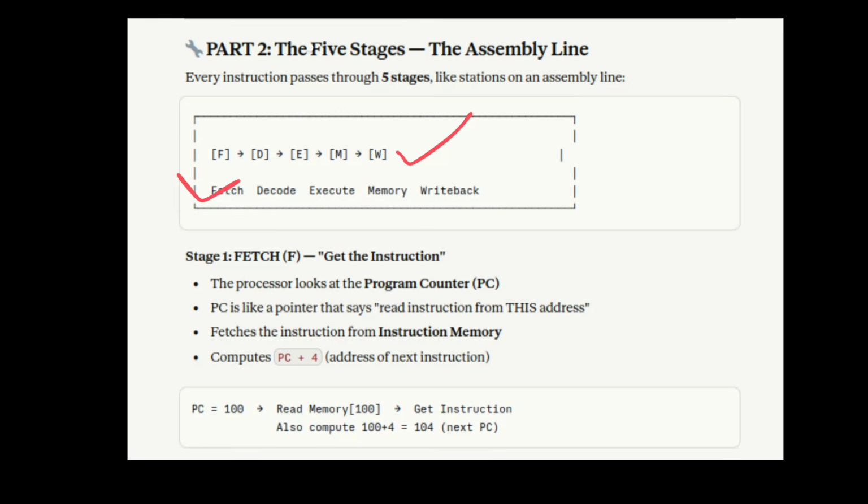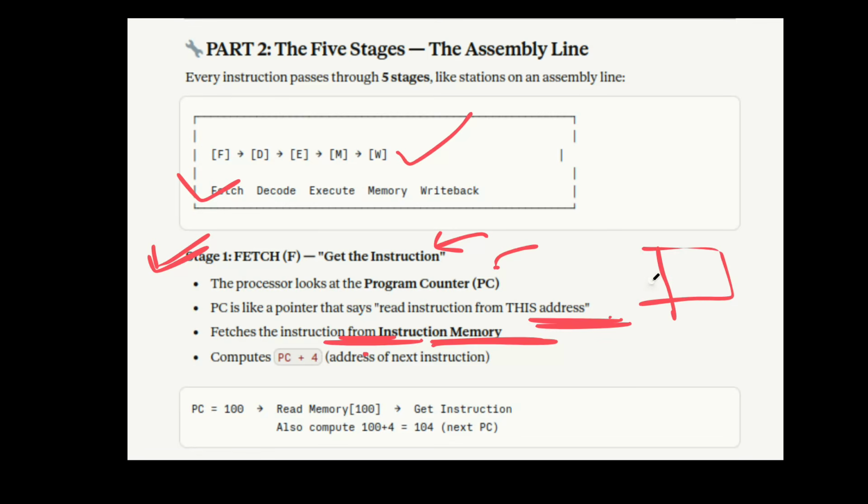Okay. If you consider the fetch stage, it means you are getting the instruction. The processor looks at the program counter, and the program counter is like the pointer which is reading, that is, fetching the instruction. The program counter fetches the instruction from the instruction memory, right? There is data memory and instruction memory.